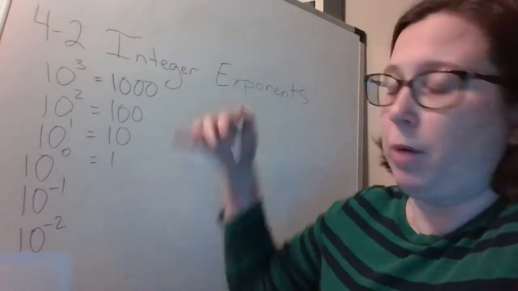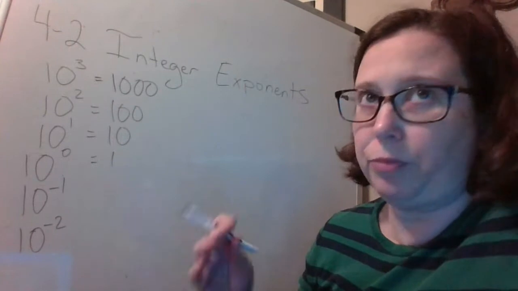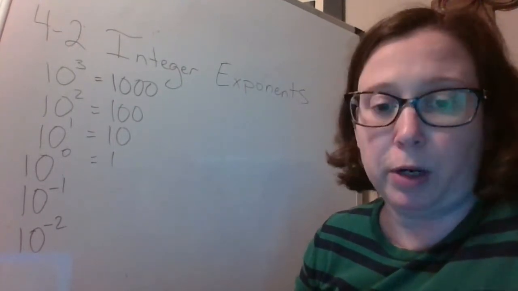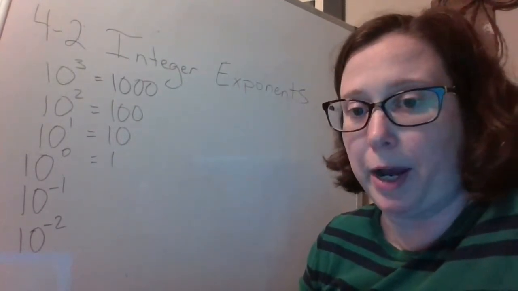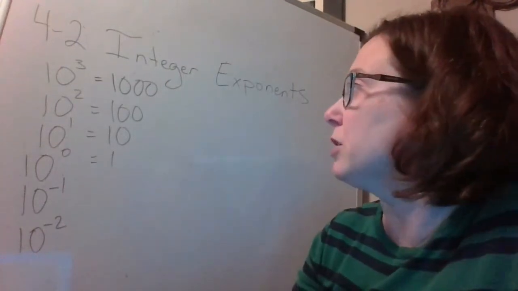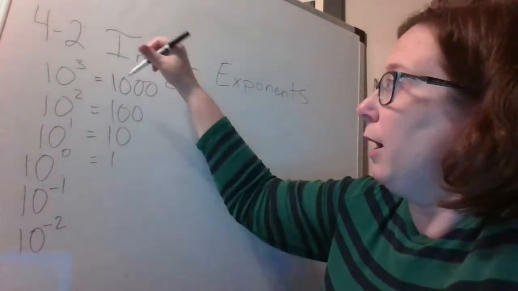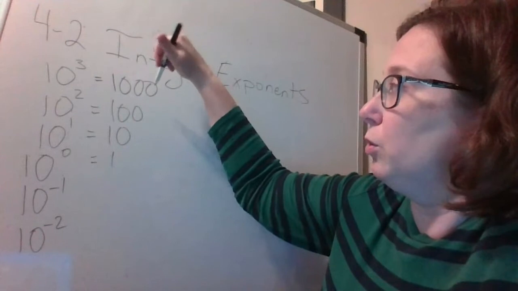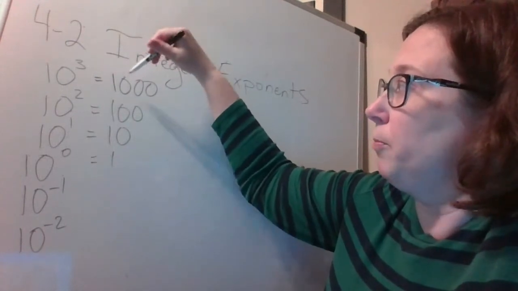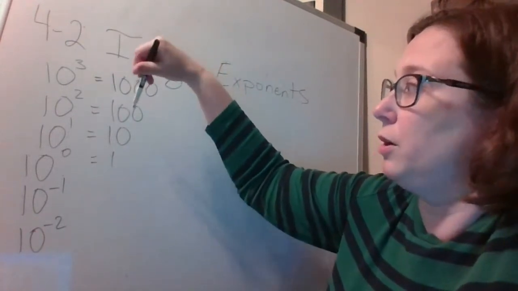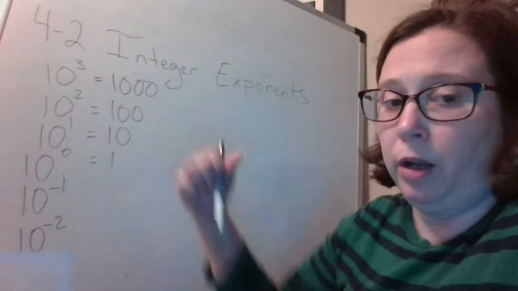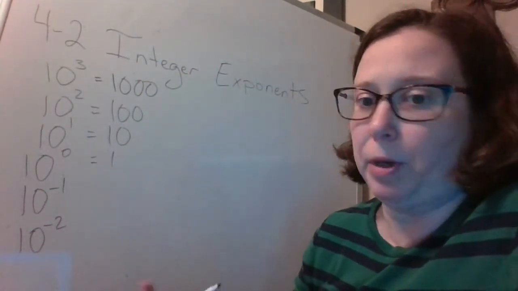When you think about this pattern, which chances are if you're working on math, you're going to see some kind of a pattern. And here, hopefully it's pretty clear. When you have your standard form number here, so we have 1,000, 100, 10, 1, you should see a pattern that's happening.